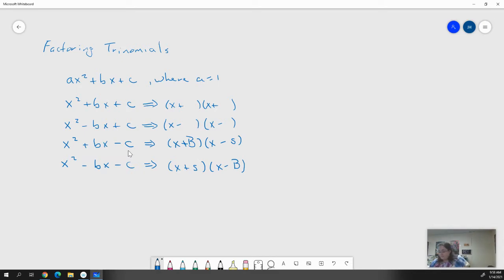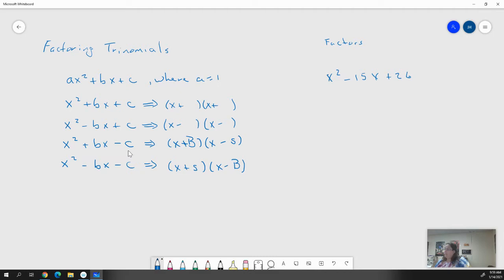Say I had an expression like x squared minus 15x plus 26, and I wanted to find the factors of that.